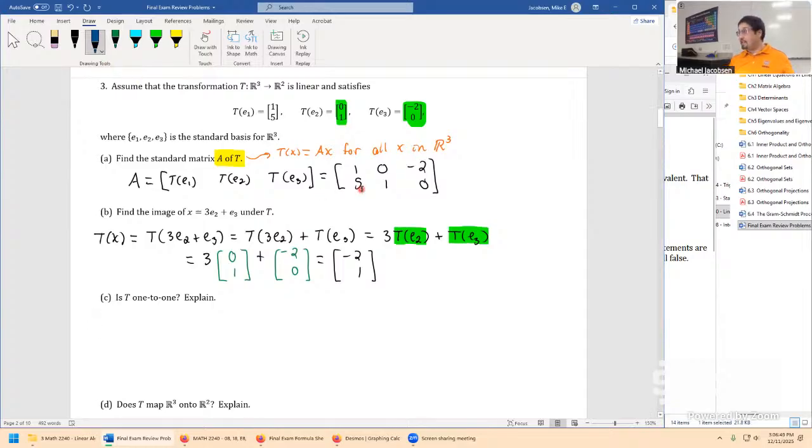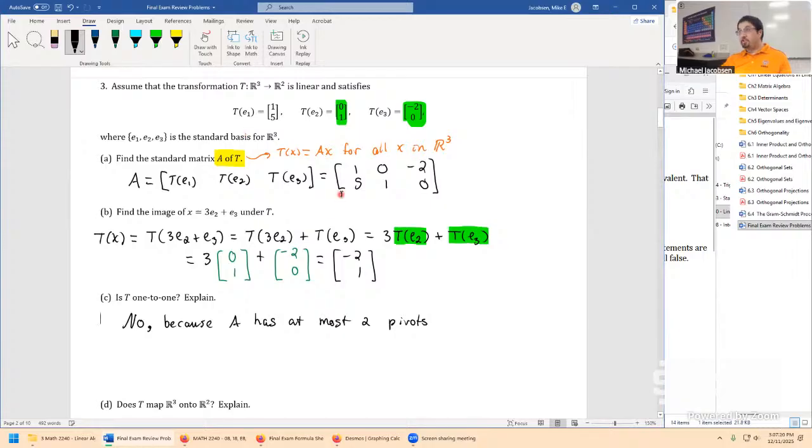With this particular matrix A right here, it has 2 rows but 3 columns. Another way to say it, if you have 3 vectors but only 2 entries per those 3 vectors, they're automatically linearly dependent. So a lot of ways to think about this one, but you can just say no to the 1-to-1 question because A has at most 2 pivots.